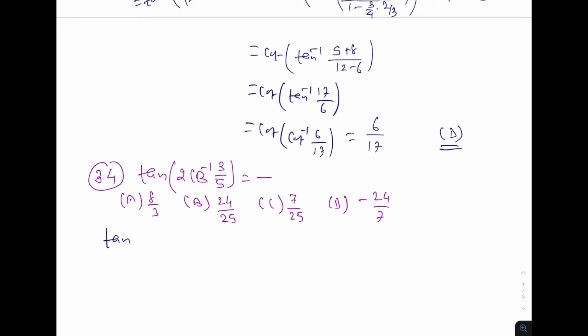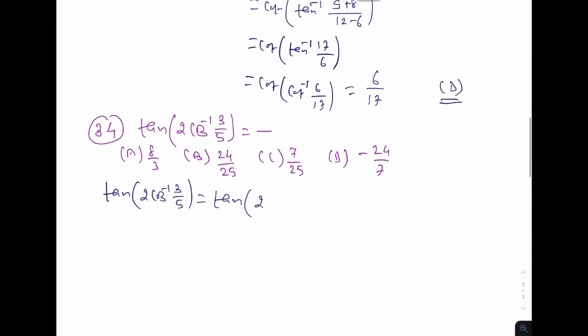So now tan of 2 cosine inverse 3 by 5 equals tan of 2 times, now if this angle is cosine inverse 3 by 5, so 4 is here, so 2 tan inverse 4 by 3.